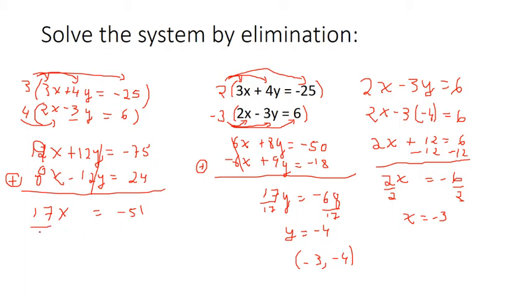I'm going to divide by 17. So x is equal to negative 3. As you can see, that's what I have here. x is equal to negative 3. Then, you can just take one of the equations, plug in negative 3 for x, and find the value of y.